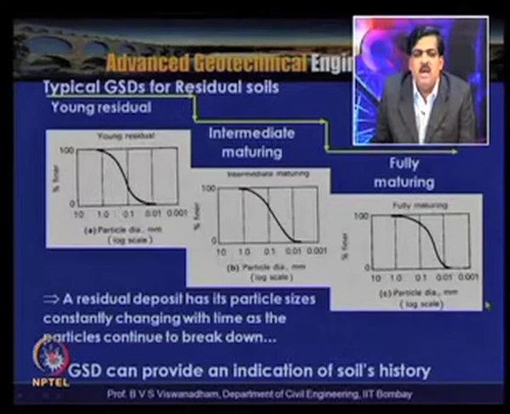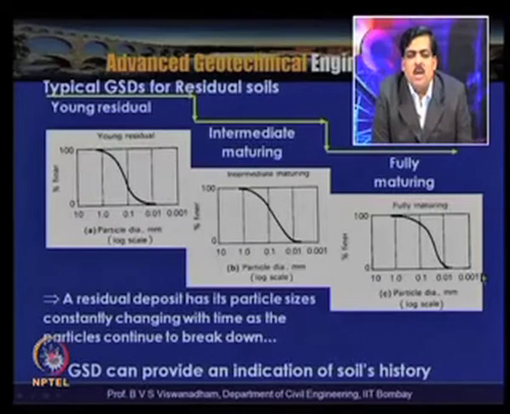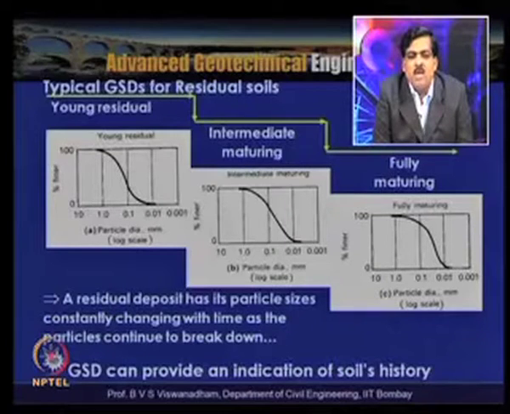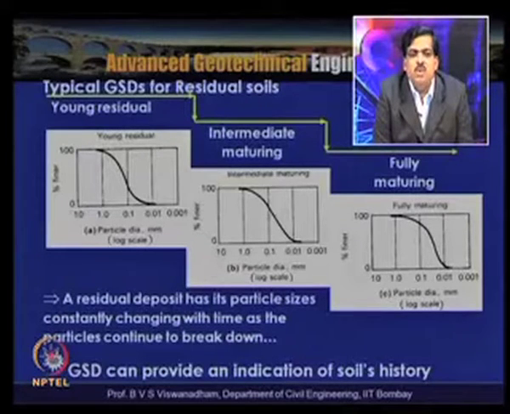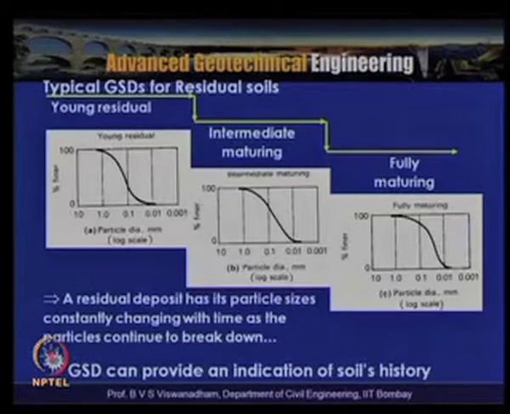As can be seen here, a residual soil deposit has its particle sizes constantly changing with time as the particles continue to break down. In the process of weathering, the gradation is subject to change. So, the grain size distribution can provide an indication of the soil's history.